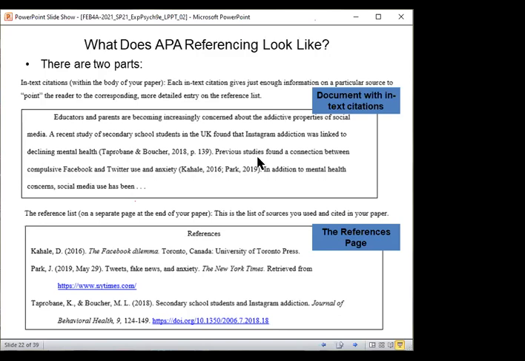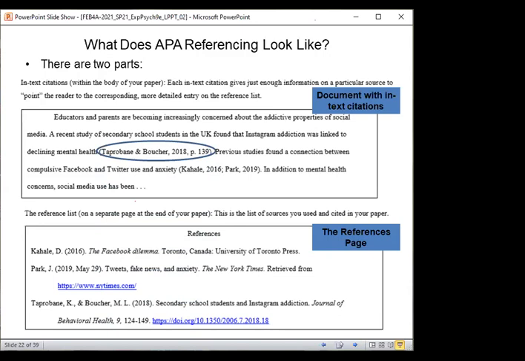Okay, now let me just highlight what that means for us. That is an in-text citation, all right? So that statement, a recent study of secondary school students, is basically saying that's where this author got it from, the Taprobane and Boucher paper, and they highlight it there.